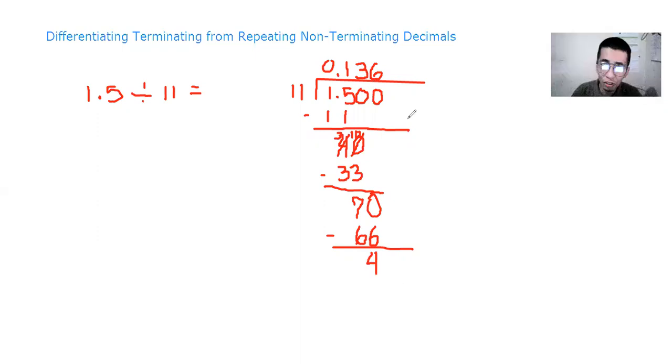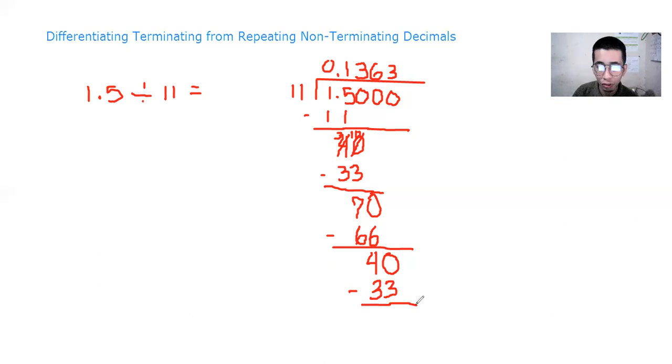Then, hindi pa rin siya 0. So, dagdag tayo ng 0 dito. Dagdag lang tayo ng dagdag ng 0. Then, how many 11 there in 40? 40 divided by 11. How many is that? 3. Diba? 33. So, 3 times 11, that is 33. So, 40 minus 33.